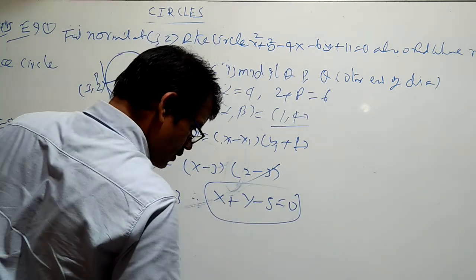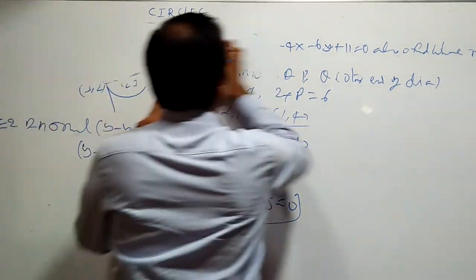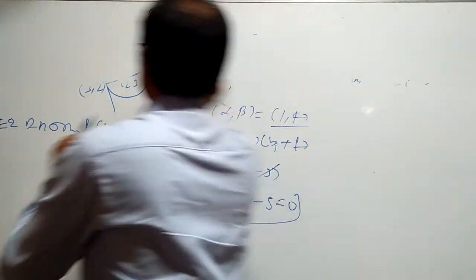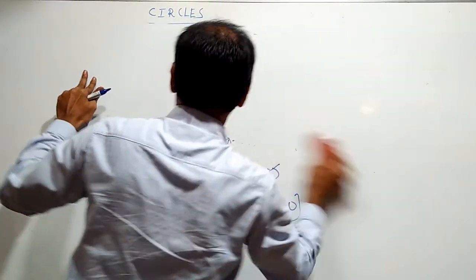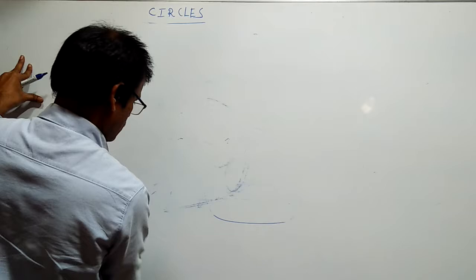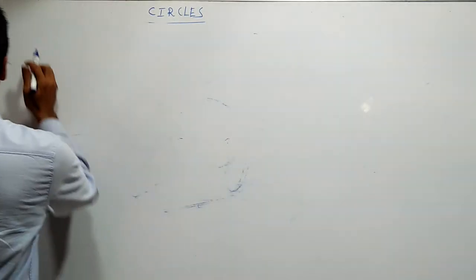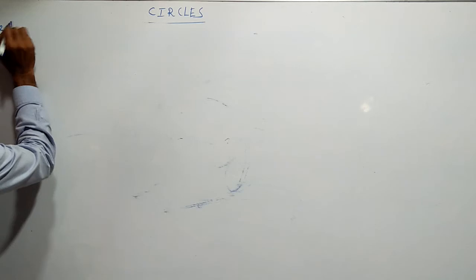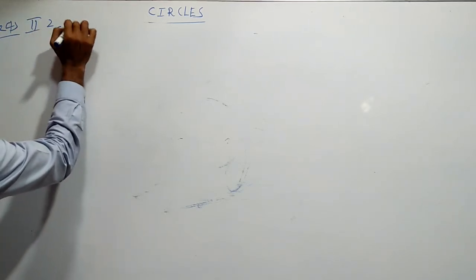Remaining all sums you do in exercise 1c, page number 43, Roman number 2, questions 2, 4, 7.